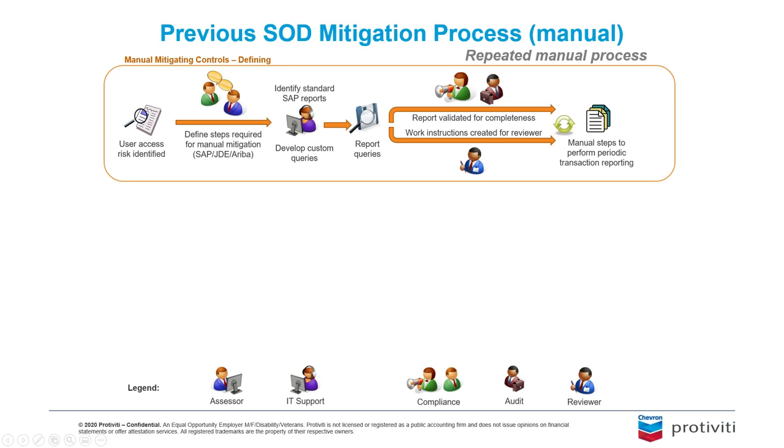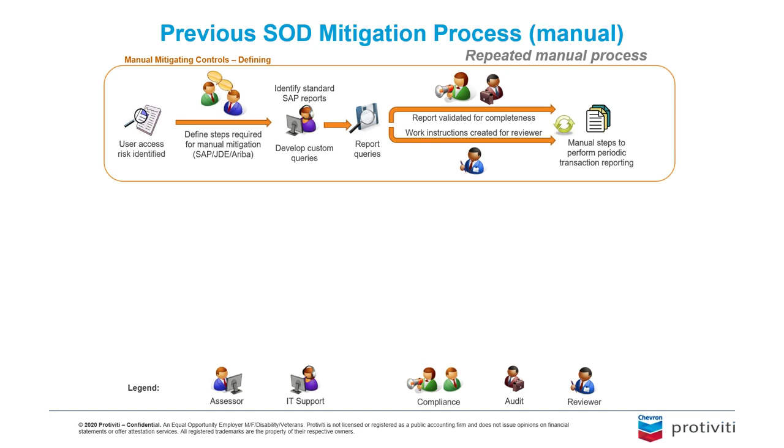So first off, just to focus on how we actually define the risks and the review that we're doing, as far as creating those reports under our previous manual process. We'd have to identify the risks themselves and work through the definition with our compliance groups and our assessors, making sure that we're understanding which risks are out there and what needs to be included in any of the reports.